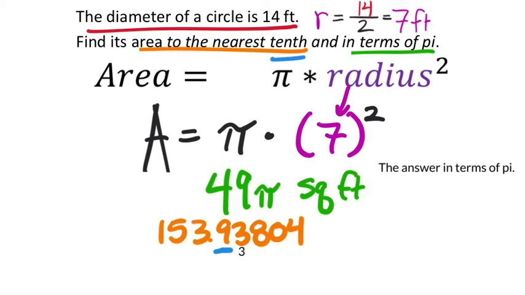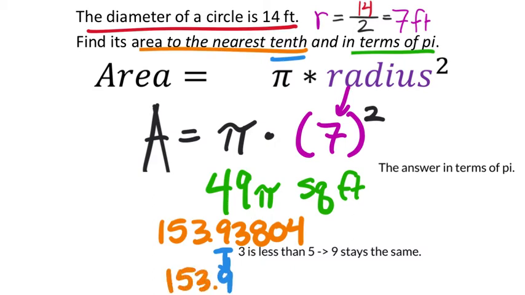The 3 in the hundredths place value is less than 5, which tells us that the 9 stays the same. So the 9 is just going to stay a 9. And we end up with 153.9. And again, I'll label this in square feet.